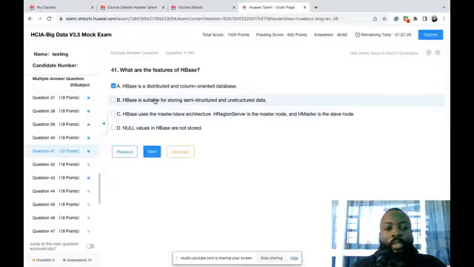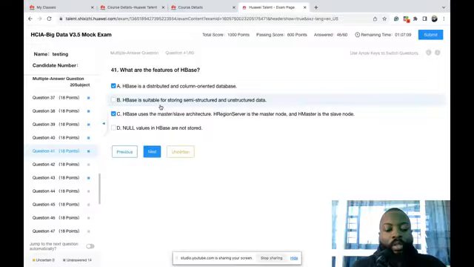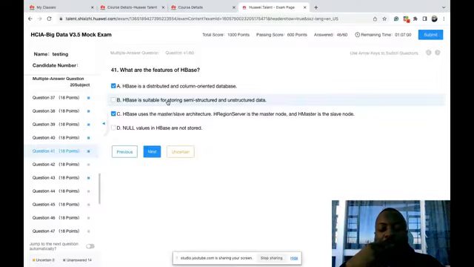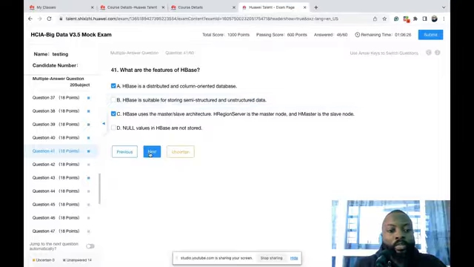So we're going to take suitable. The key features of HBase, yeah, we know it's flexible, suitable for storing, yes. Okay, I think this is fine.